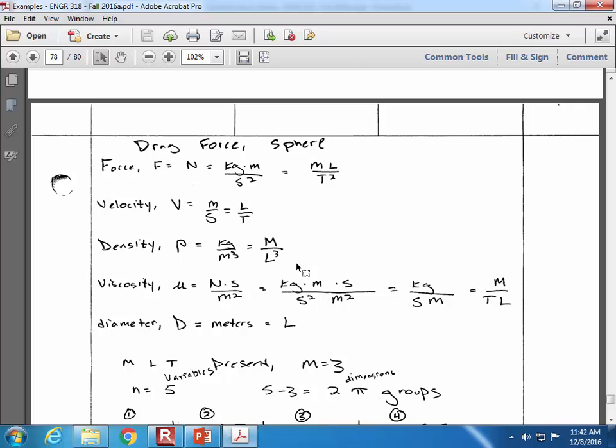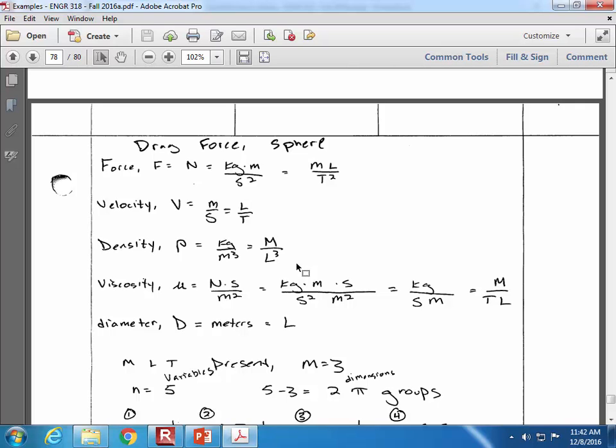If we want to look at the parameter of density, the units of density, kilogram per cubic meter, so that means we're going to call it mass per length cubed. Viscosity has units of newtons seconds per meter squared.